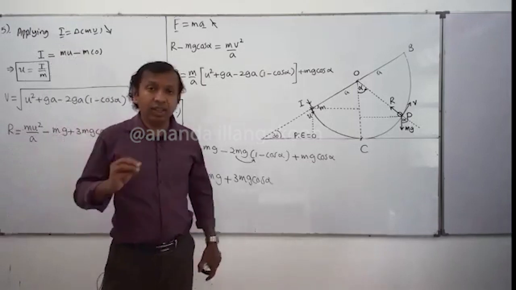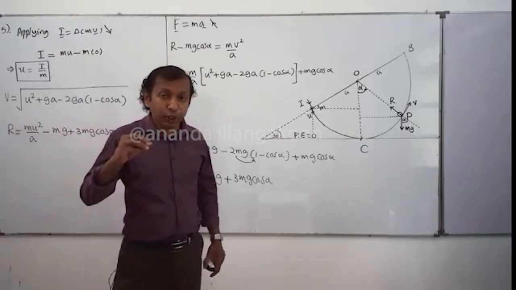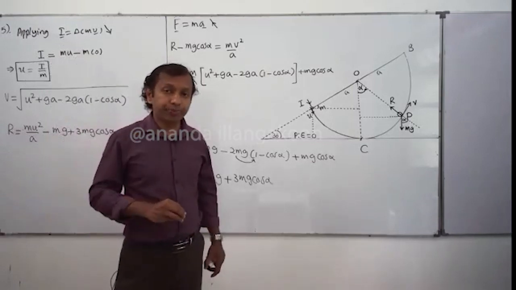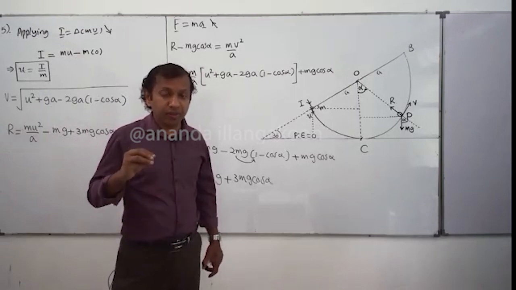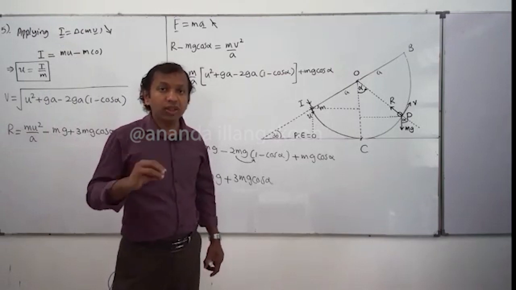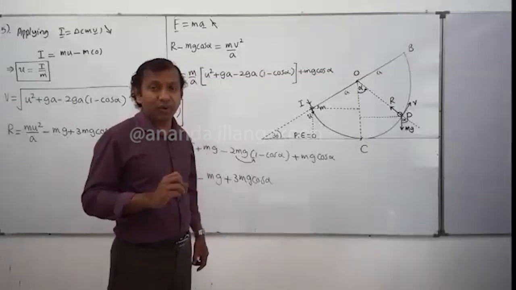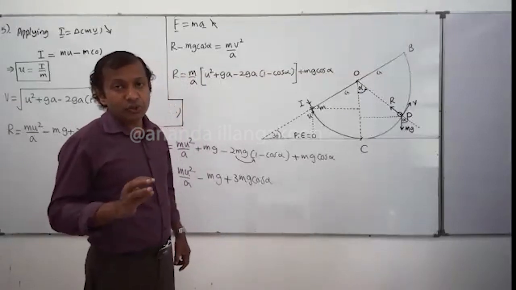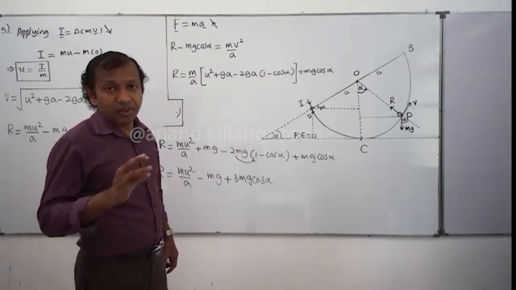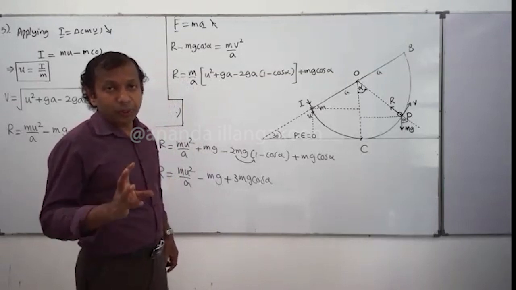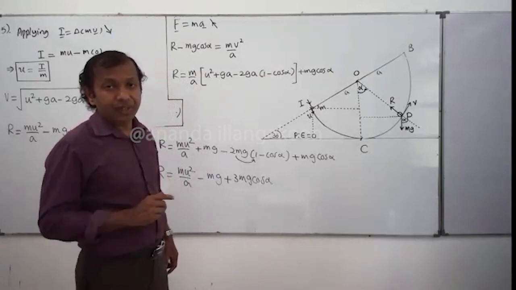This really happens when the particle moves in a circular tube. When the particle moves in a circular tube only, we use the condition using the velocity. In all other cases, we take the condition by using tension T or normal reaction.